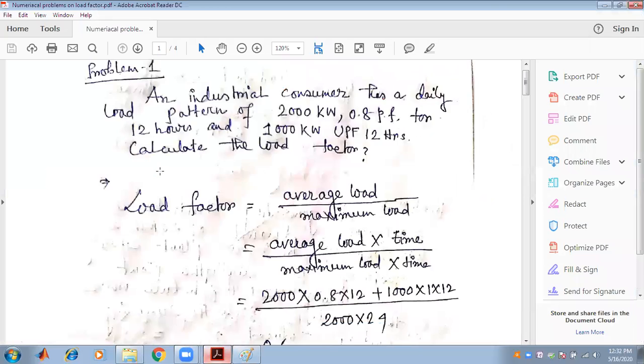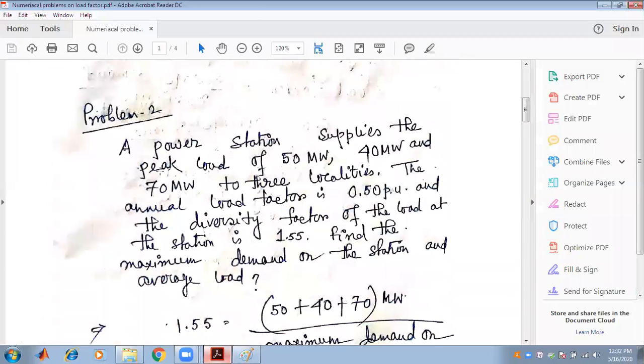Now we are approaching the second mathematical problem. A power station supplies peak load values of 50 megawatt, 40 megawatt and 70 megawatt to three localities.